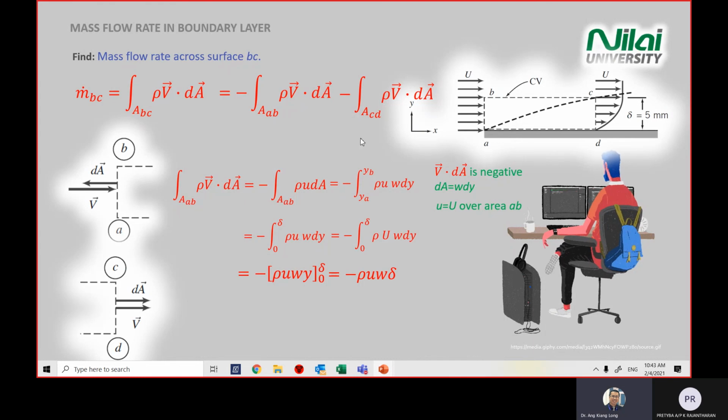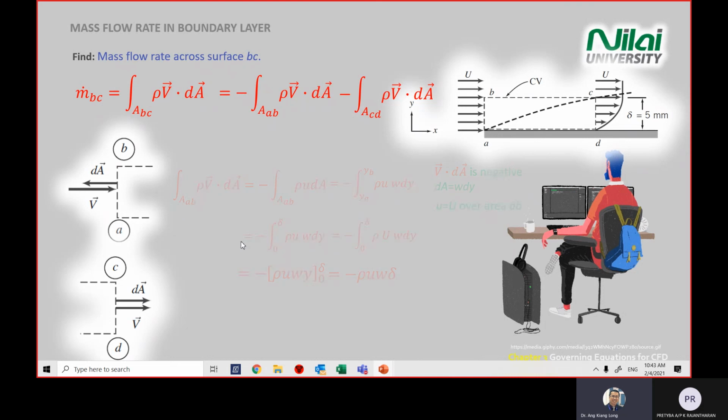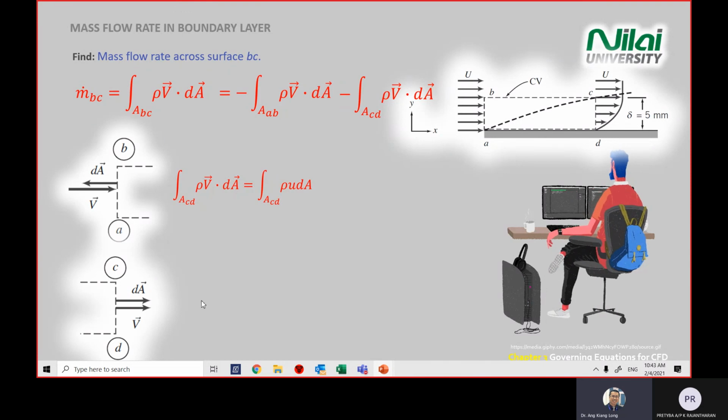We will do the same for the other side, which is CD. Again, if you analyze CD, you draw the vector diagram first. You look at the area first. The area is always pointing out. And the velocity, in this case, is going to the right. So you look at the combination of the two vectors inside the diagram. If these two go in the same direction, then you will get a positive product.